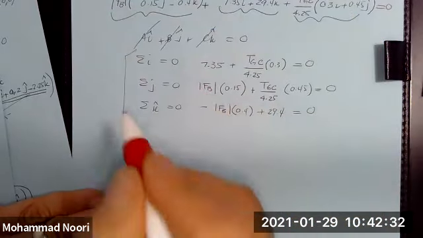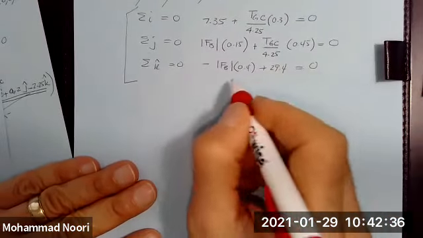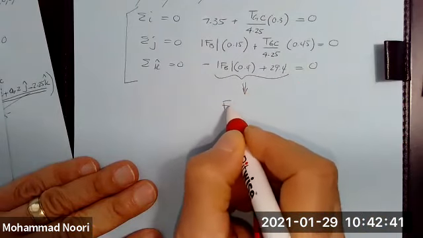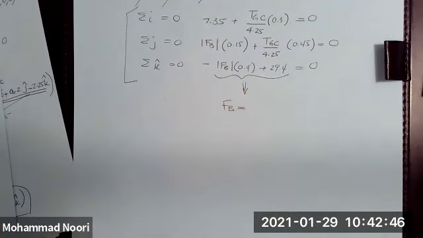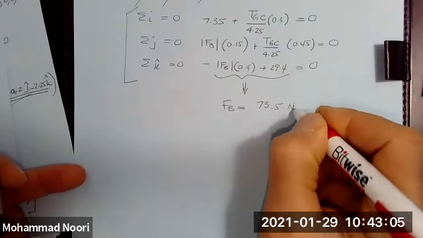So I have 3 equations, 3 unknowns, but they're not as bad because from here, you can quickly get FB, which comes out to be 29.4 divided by 0.4. FB comes out to be 73.5 Newton.